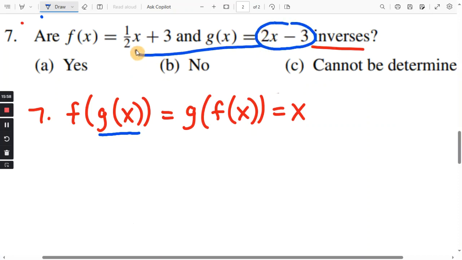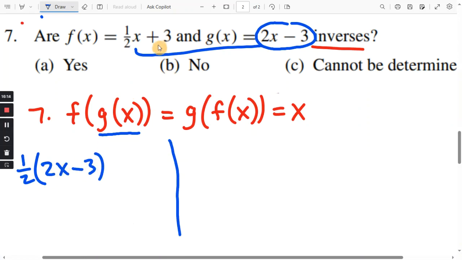and plug it in place of x, let's see what we get here. We're going to do 2 of these now. So it's going to be 1/2 times x. So that's 1/2 times (2x minus 3), and that's going to be plus 3. 1/2 times 2x, the 2's cancel, and we're left with x.